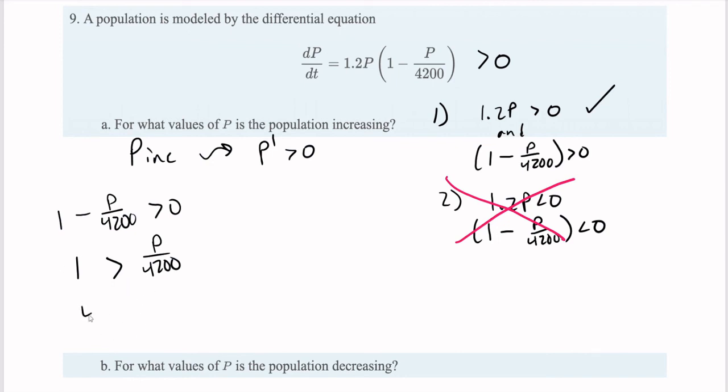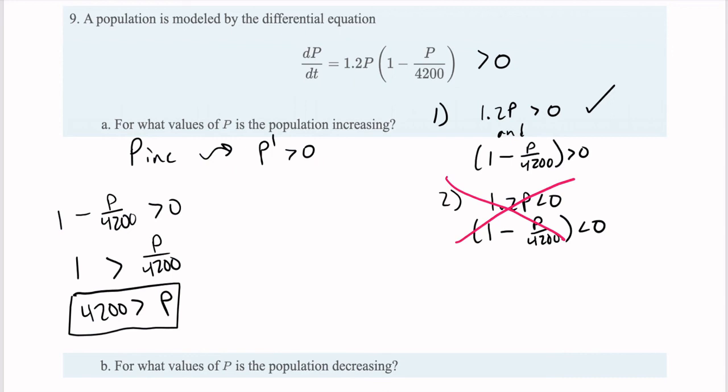Move the 4,000 over. I need the population to be less than 4,200, whatever. People, bacteria, deer, doesn't matter. So p, a population less than 4,200 will mean that my population is going to increase.